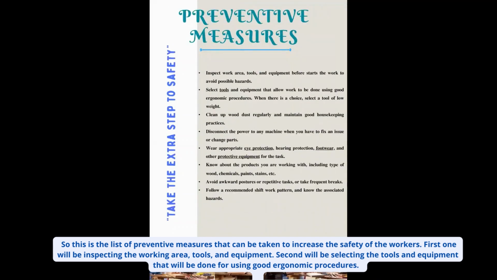This is the list of preventive measures that can be taken to increase the safety of the workers. First is inspecting the working area, tools and equipment. Second, selecting the tools and equipment using good ergonomic procedures.